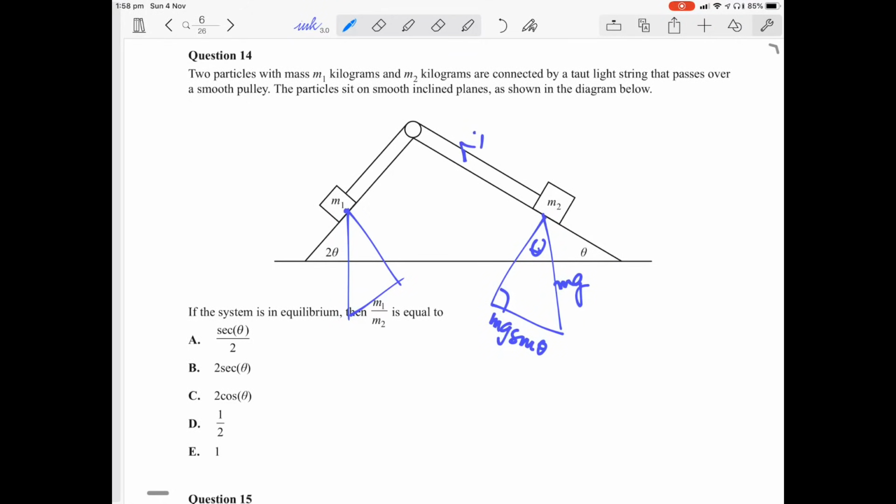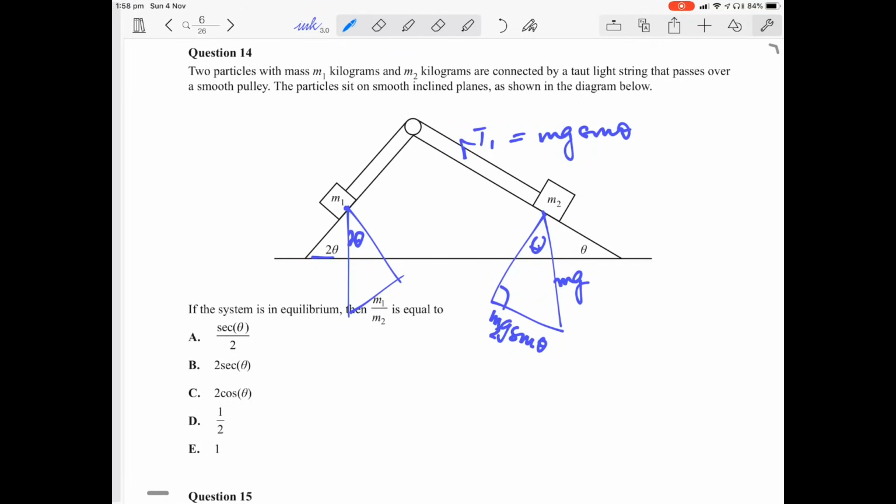So the tension here is going to equal mg sine theta, and the tension here, that's 2 theta, so that's going to be m2g sine theta, equal to m1g sine 2 theta.